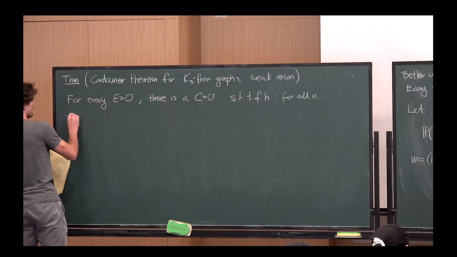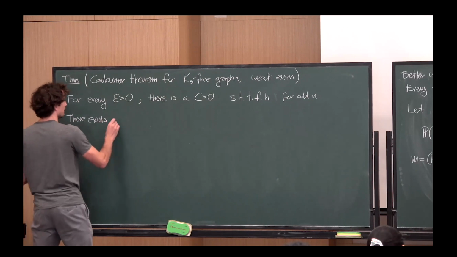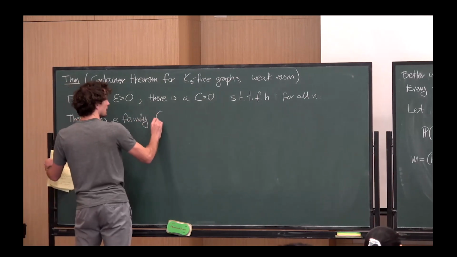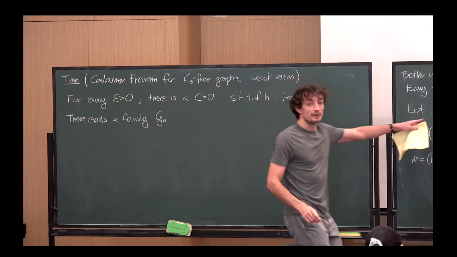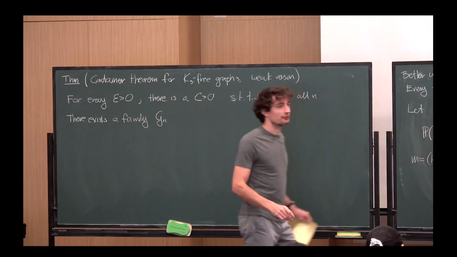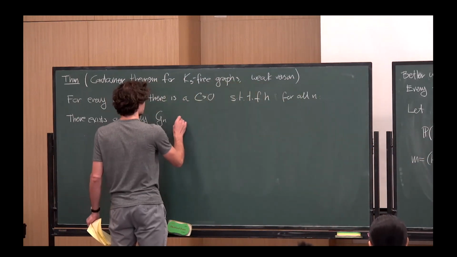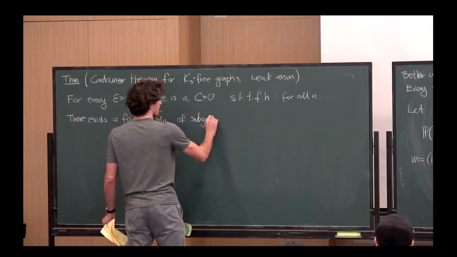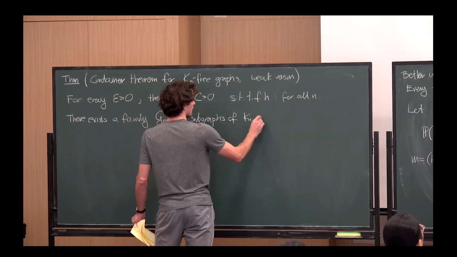The theorem postulates the existence of a family Gn, which will replace the family of maximal triangle free graphs. So it's a family of subgraphs of Kn with the following properties.